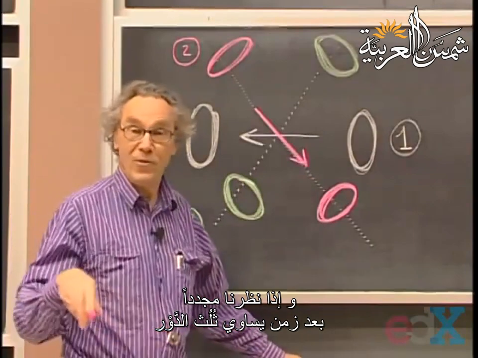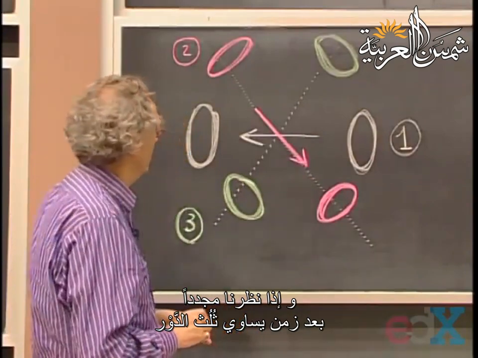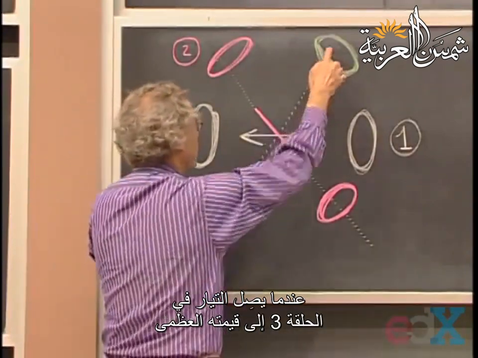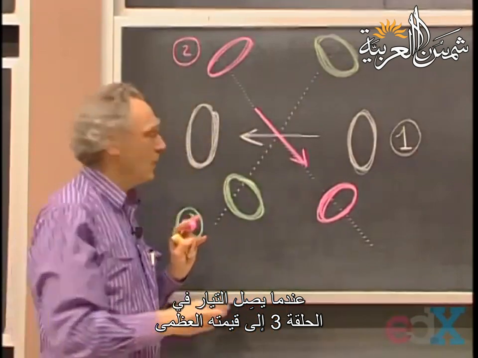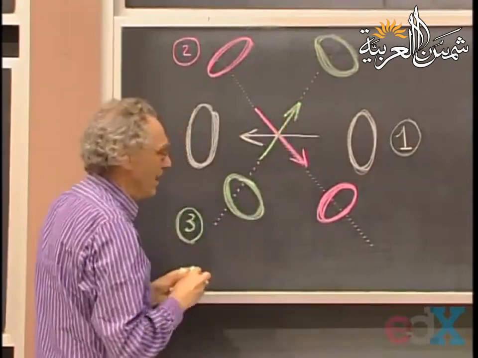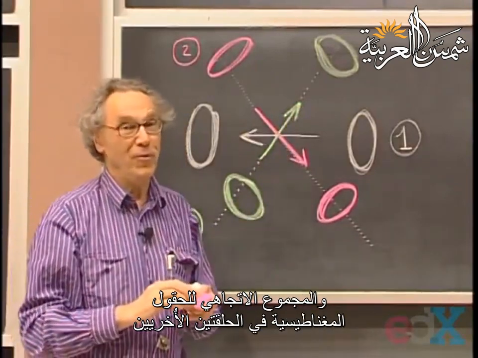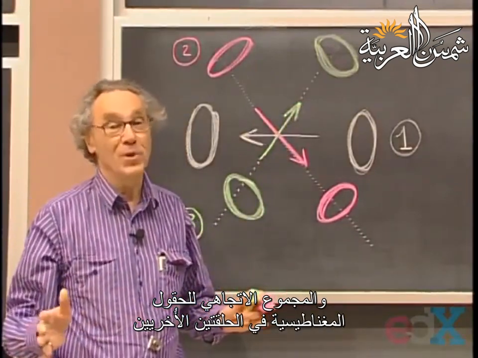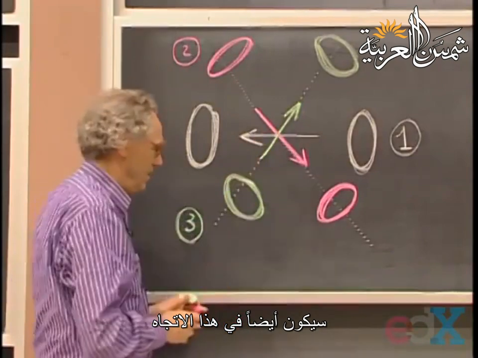And if we now look again 1/3 of a period later, when the current through loop number 3 reaches a maximum, then the magnetic field will be in this direction, and the vectorial sum of the magnetic field of the other two loops will also be in this direction.